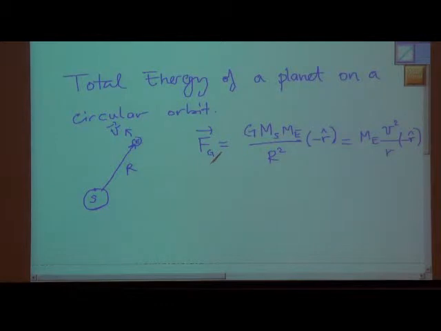Now we can write the potential energy. Now, I'm not going to derive once again what the potential energy is. You know that force for a conservative force is minus dU over dr. If it's one-dimensional, it's dx.